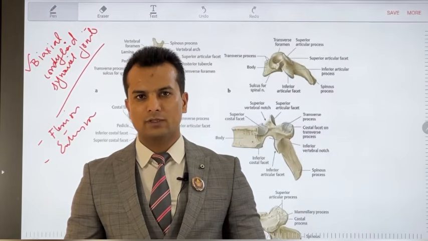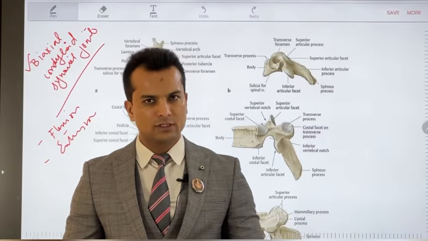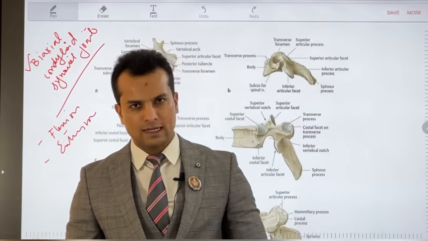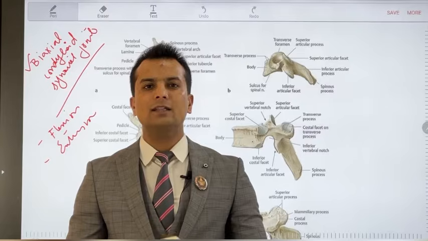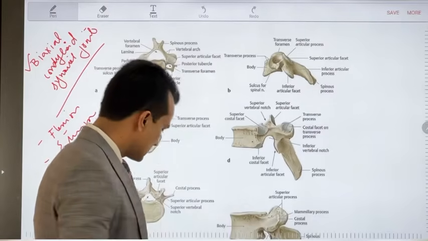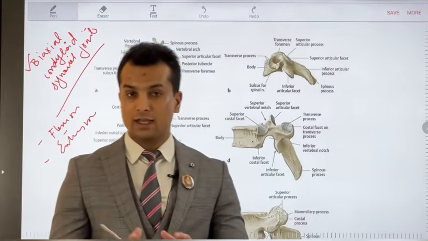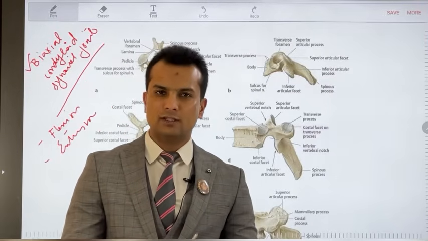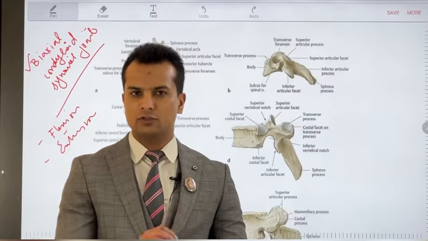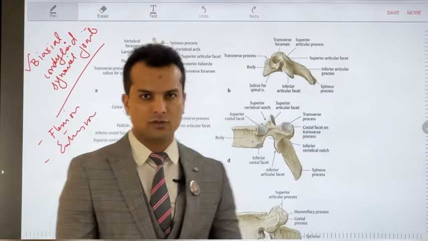So remember the atlanto-occipital significance and the atlanto-axial significance. Among all these 7 cervical vertebrae, the strongest one is C2, the axis vertebra. You must write all these high-yield points in your notes. These are frequently asked questions in your exam.